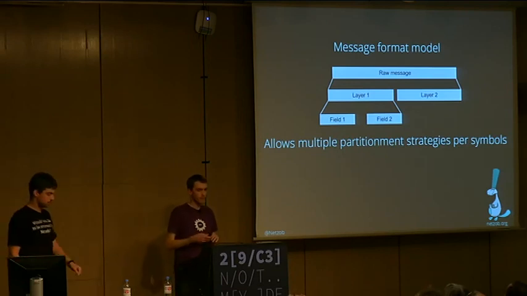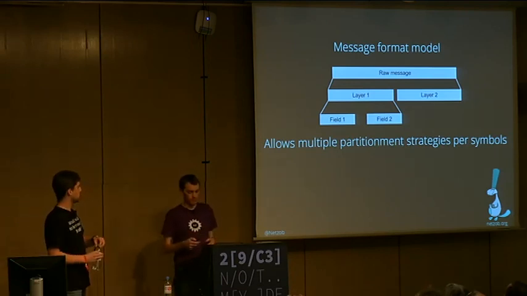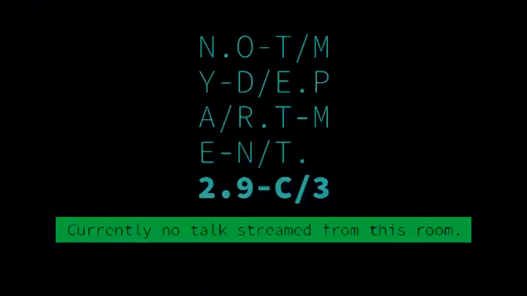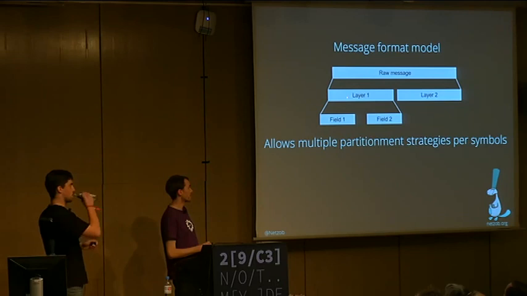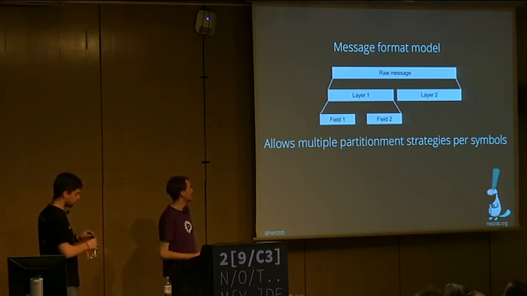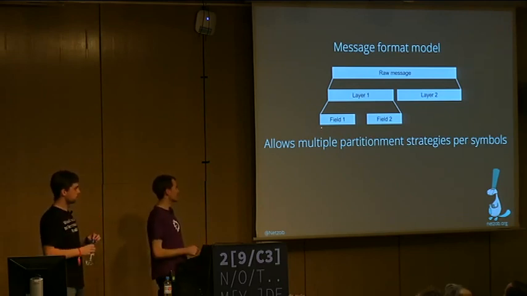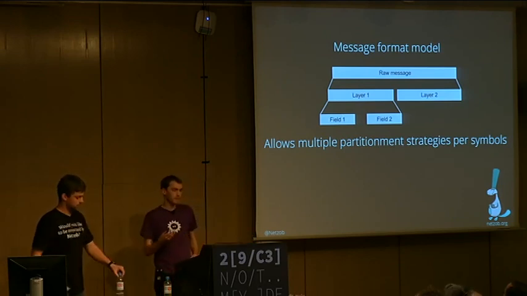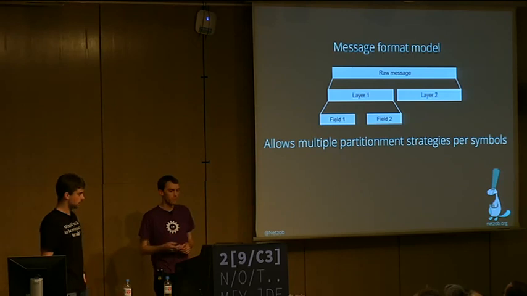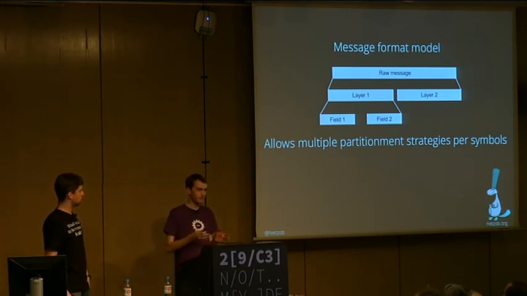The top part of the model is quite simple. You have raw messages. These raw messages can be split in layers, in protocol layers, like, for example, Ethernet and here IPv4. And each layer can be split in fields. It's quite simple. This strategy of multiple partitioning allows for multiple partitioning elements, for example.